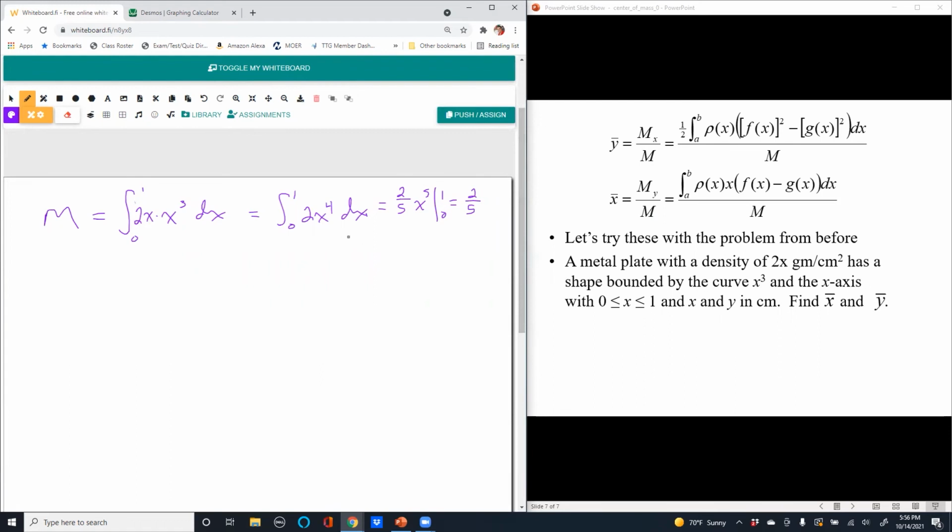And we know that this is a total mass. What we did is we multiplied something in centimeters squared, the area, times the density, which is in grams per centimeter squared. So 2/5 grams. All right. And like I said, guys, feel free to ask questions about this.